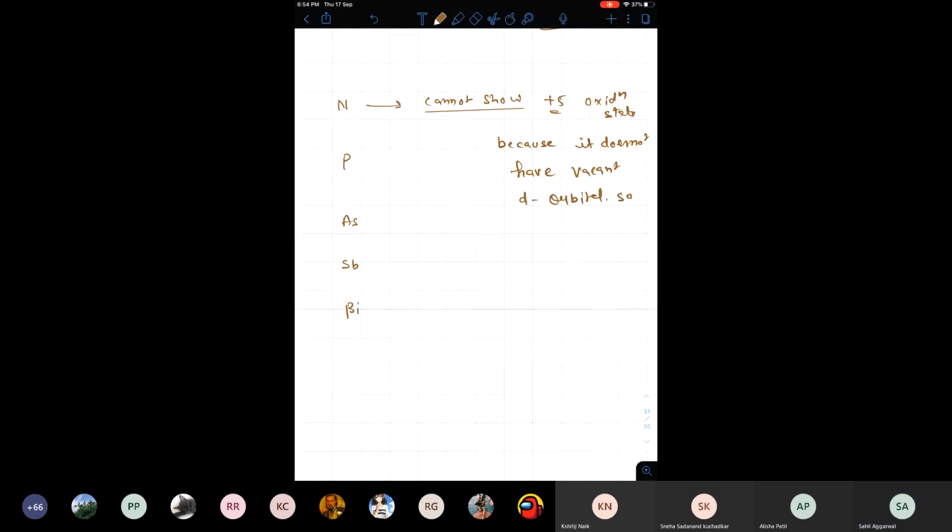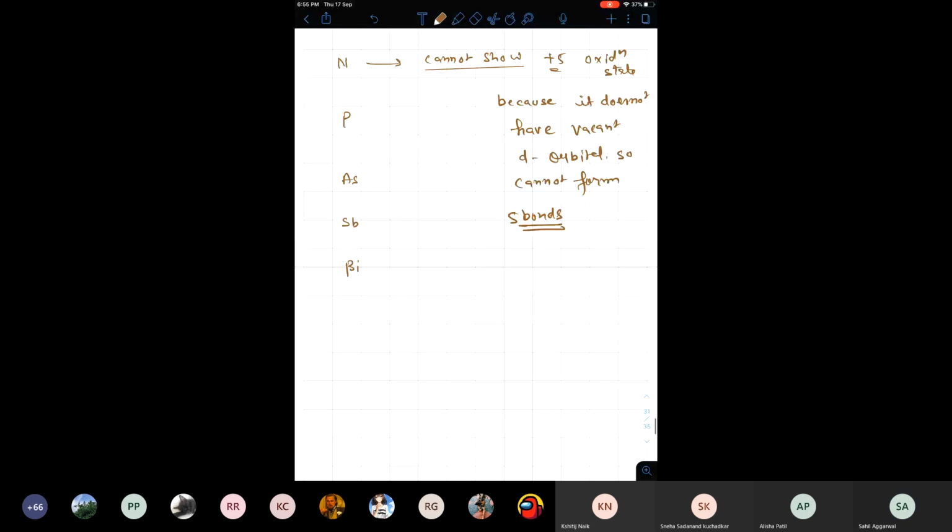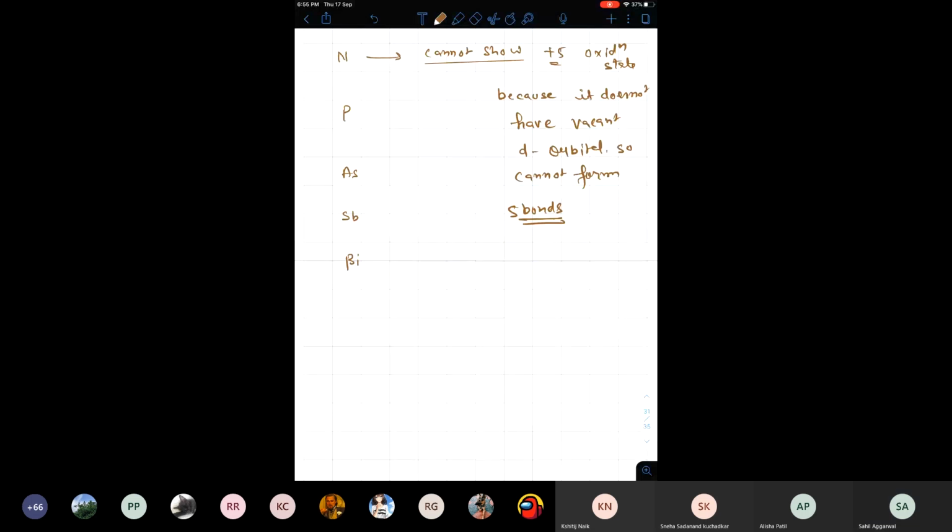So it cannot form 5 bonds. All of you understood this? All other elements can show, like this will be possible from -3 to +5.